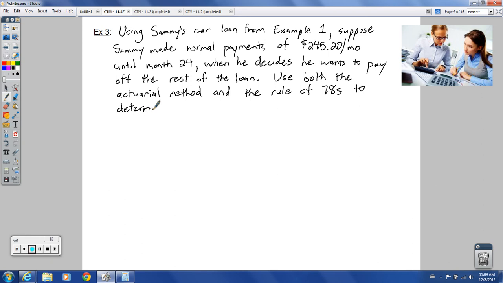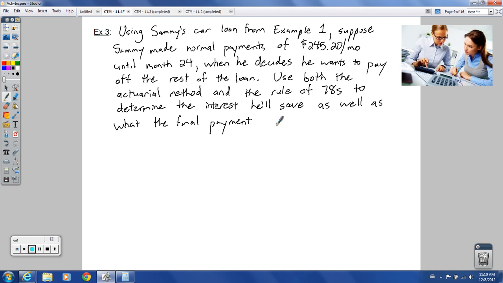But to determine the interest he'll save, as well as what the final payment will be, both methods.